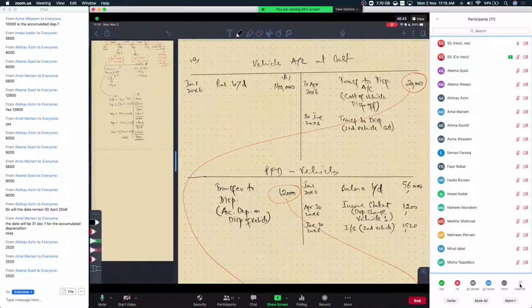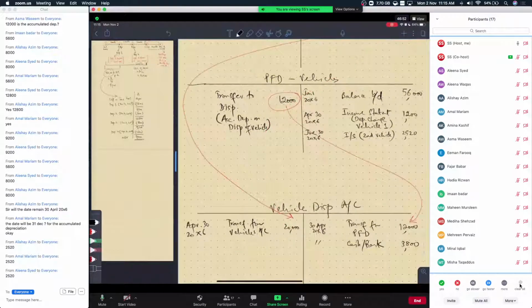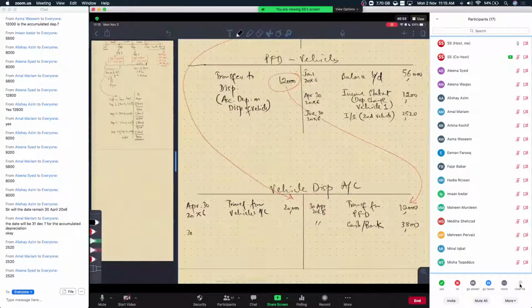The cost was $28,000. So we are going to take this $28,000 and we are going to transfer here again, just like the previous one. So 30th of June, 20x6, we will make another second transfer from vehicles for the second disposal, $28,000, right?